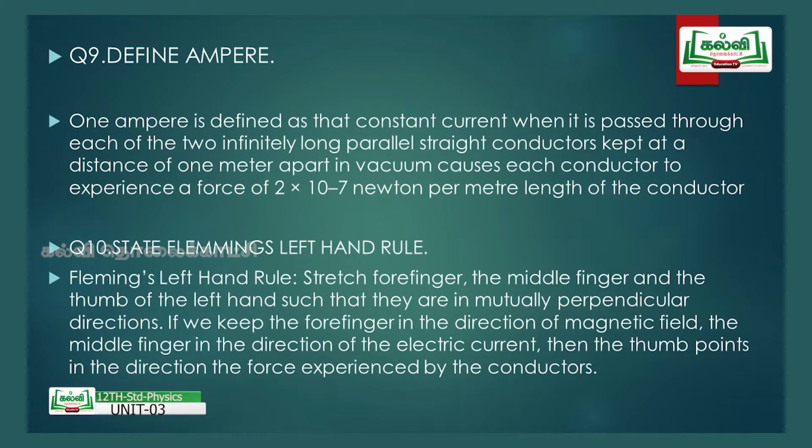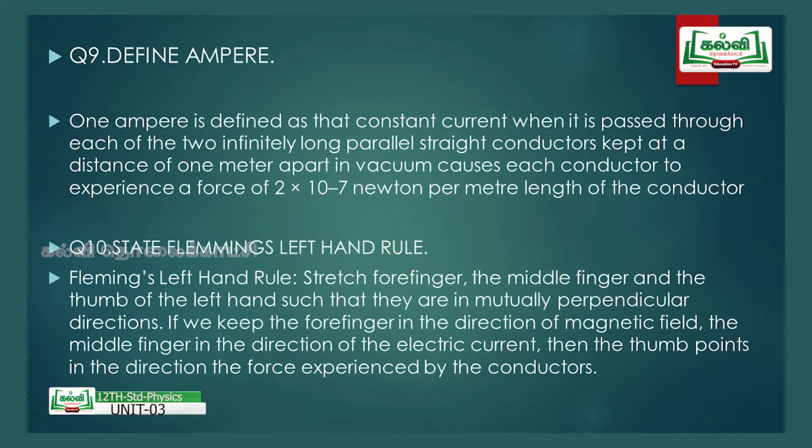So, 1 ampere is defined as that constant current which, when passed through each of 2 infinitely long parallel straight conductors kept at a distance of 1 meter apart in vacuum, experiences a force of 2 into 10 power minus 7 Newton per meter length of the conductor.